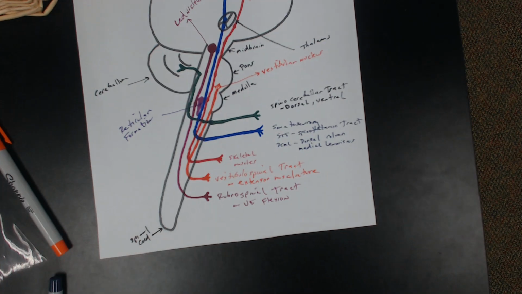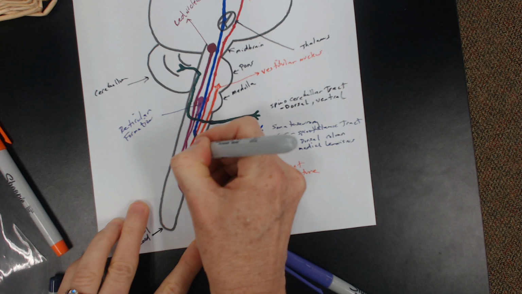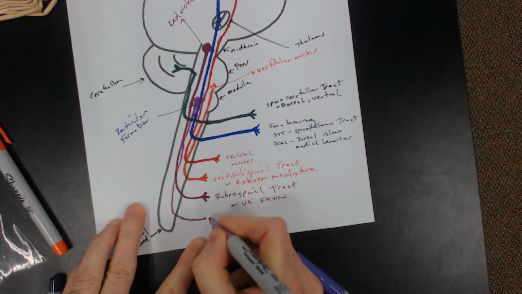Okay, your reticular formation is kind of like an off-on switch for awareness or brain awakeness or consciousness. So if your reticular formation isn't working very well, you're not aware. You lack awareness. Okay. Coming out of the reticular formation, we have axons that are going to travel down the spinal cord and come out.